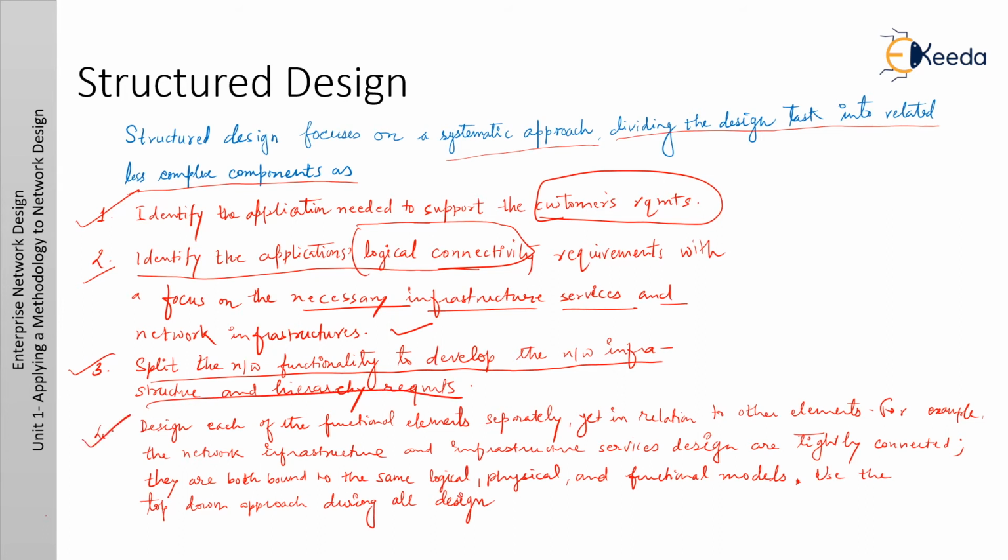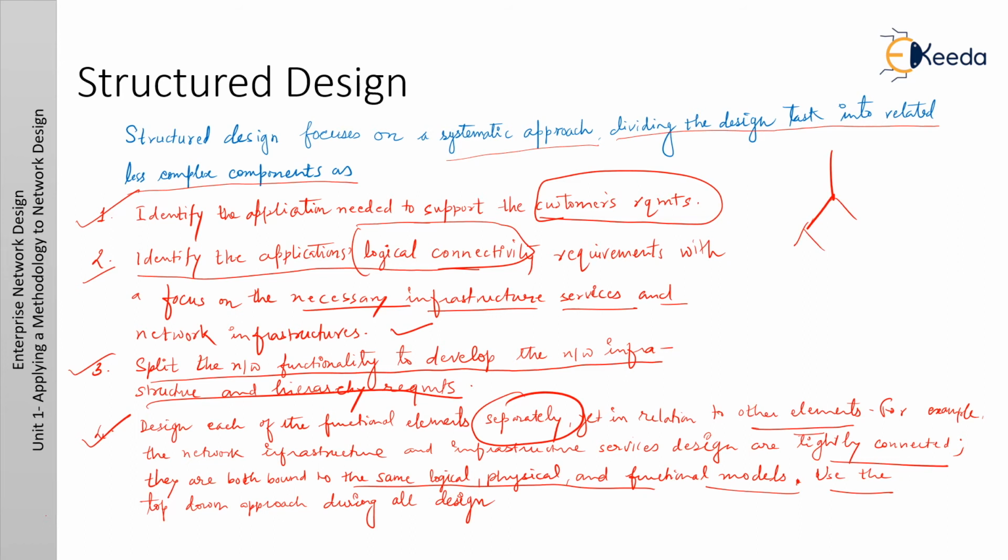And finally, design each of the functional elements separately, yet in relation to other elements. For example, the network infrastructure and infrastructure services design are tightly connected. They are both bound to the same logical, physical, and functional model. Fine. Use the top-down approach during all the design.